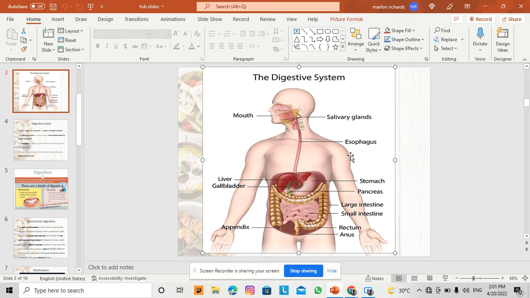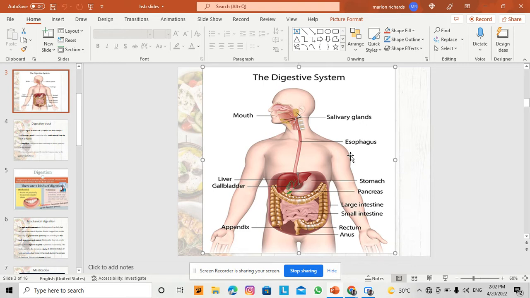The stomach walls produce gastric juice, which contains hydrochloric acid. We know that the stomach juice contains hydrochloric acid, but the question is, what is the purpose of the hydrochloric acid? The purpose of the hydrochloric acid is to produce acid for the stomach. Also in that juice we have a digestive enzyme called pepsin.